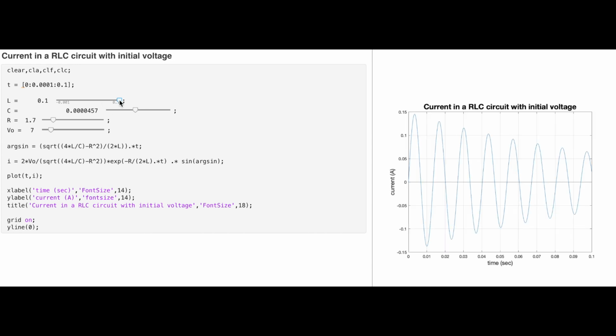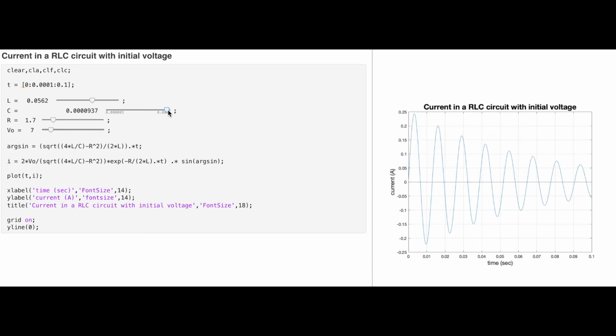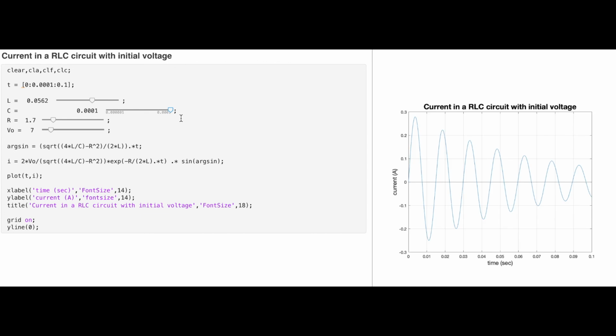Okay, so now let's bring the inductance back to a middle value, and let's see what happens to the capacitance, because they do have a different effect. Now, if we start to increase the capacitance, it looks like it has a similar effect to the inductance, but it is quite different.